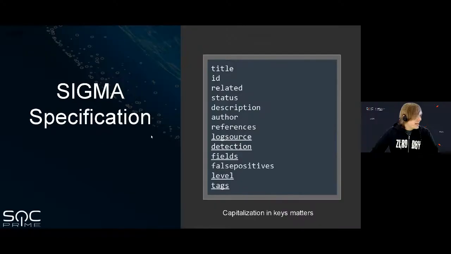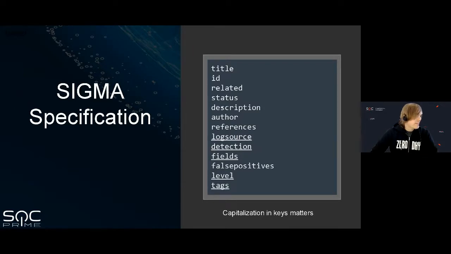So the Sigma spec. Some of these are very obvious. The title is the name of the rule. The ID is a globally unique identifier for the rule. Related is not used that often, but it can be used to point to other Sigma rules. The status is basically, is the rule experimental? Has it been thoroughly tested, embedded, or not?